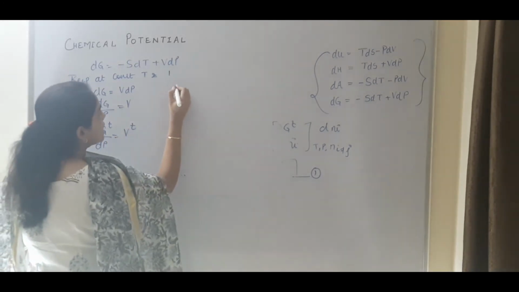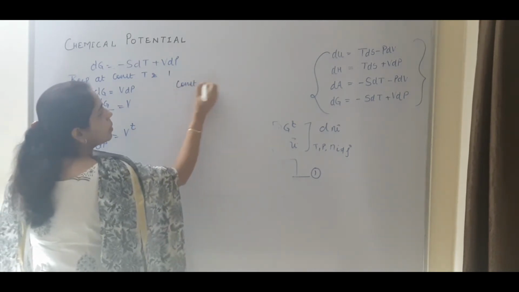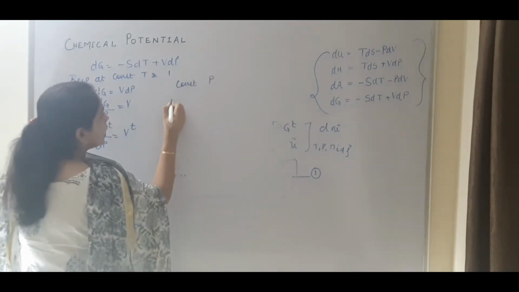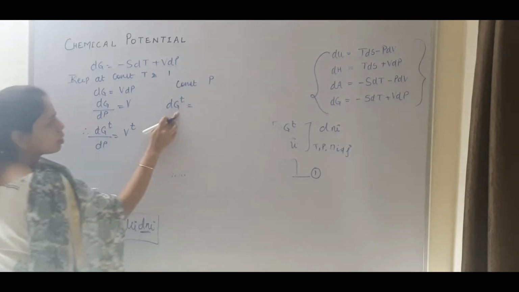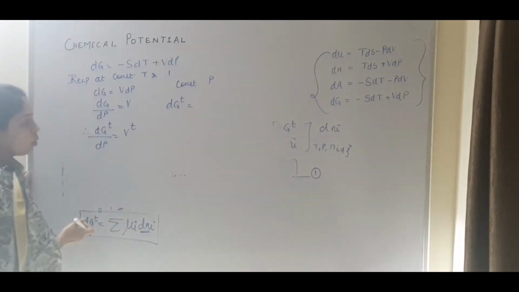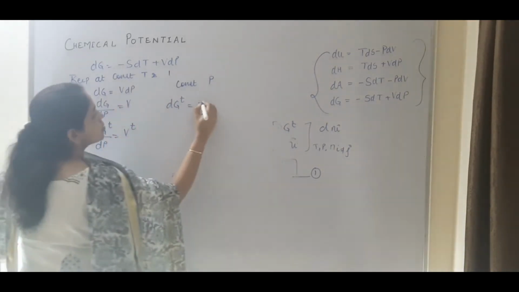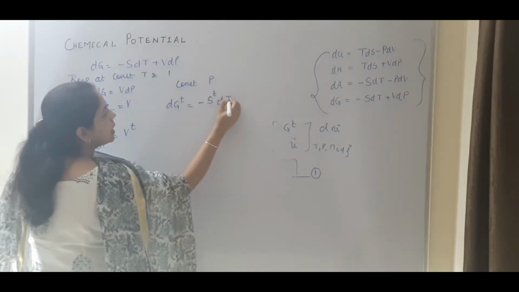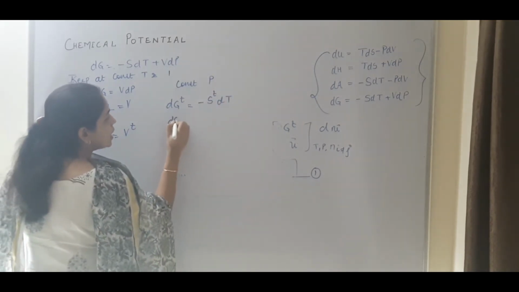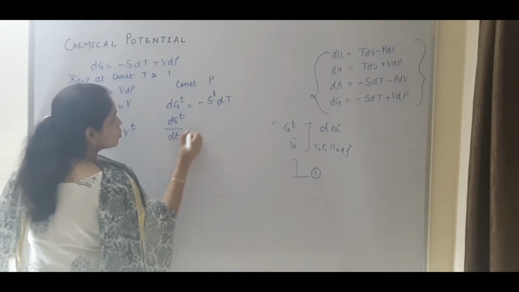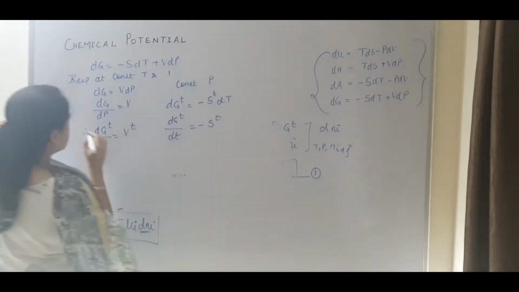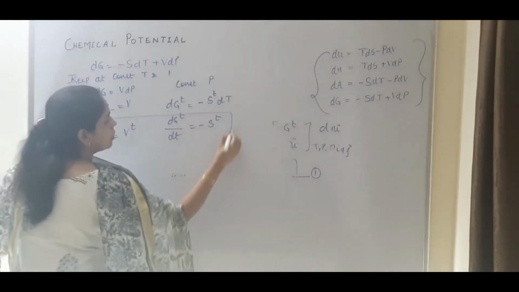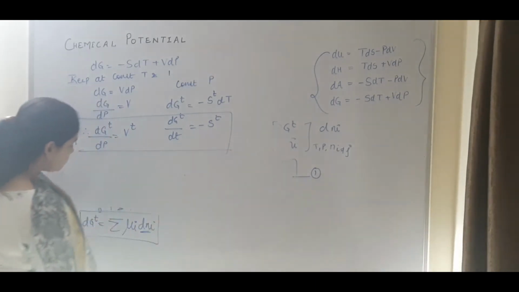In the second case, if you keep the pressure constant, then writing dGt in terms of total Gibbs free energy, it becomes minus St dT. So dGt upon dT equals minus St. These are the two relations.